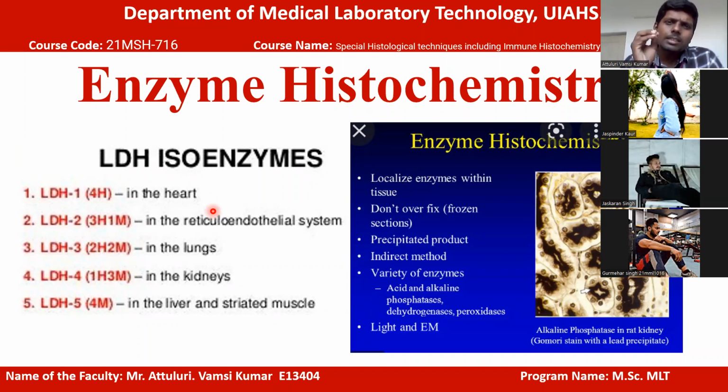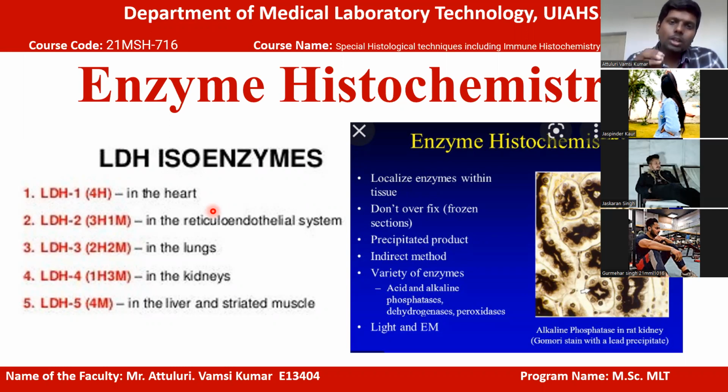And what is the significance of studying these enzymes? What is the significance of understanding the role or the presence of enzymes within the tissue? Enzymes are the primary substances that facilitate faster metabolic reactions within the tissue. Vital metabolic pathways like glycolysis, gluconeogenesis, the Krebs cycle, the electron transport chain, and shunt pathways can only proceed effectively in the presence of enzymes.